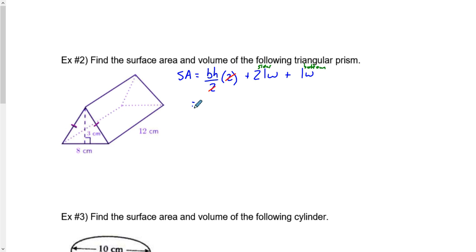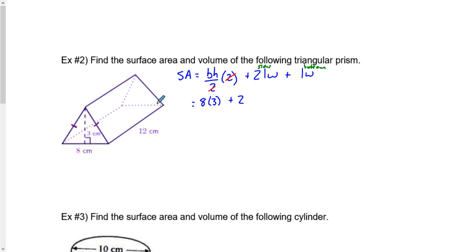Let's fill in what we have. The base of this triangle is 8. The height is 3. Now we've already canceled off the 2's. That's all good for me. If you want to calculate it as divide by 2, then times 2, great. But showing that you are canceling that off is good enough for me.